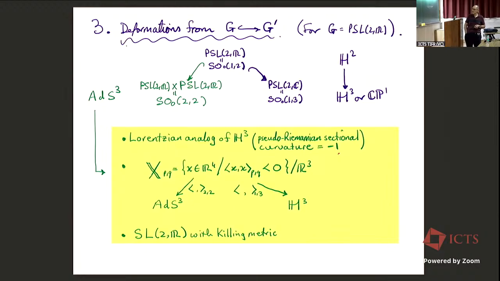If the signature is (1,3), that gives you hyperbolic space. If the signature is (2,2), that gives you three-dimensional anti-de Sitter space. Three-dimensional anti-de Sitter space can actually also be identified with the underlying manifold of SL2R endowed with its Killing metric. So this is an interesting geometry related to representations into these groups, SO(2,2) or SL2R cross SL2R.